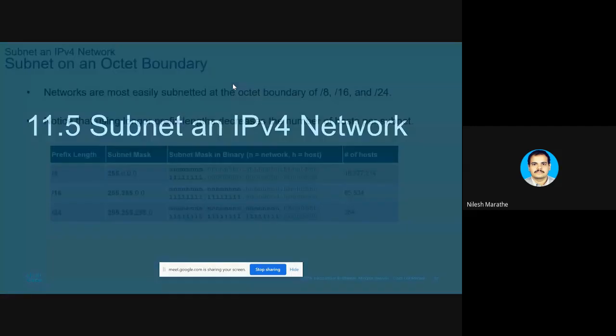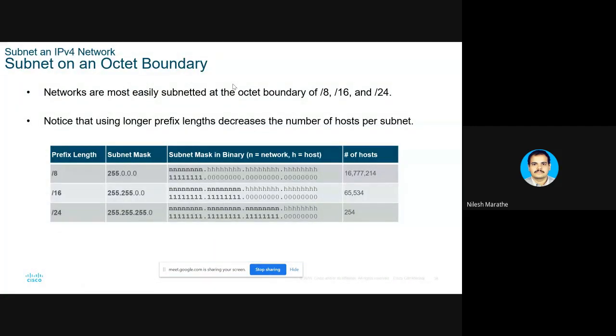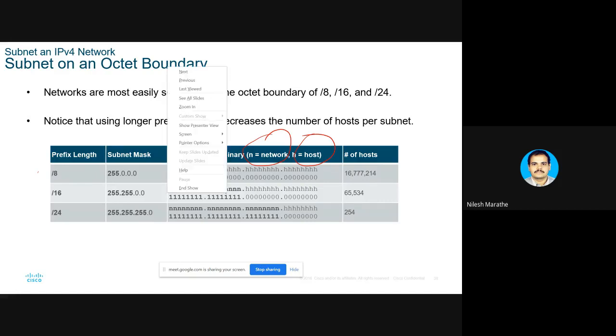Subnets and IPv4 address. So there is a simple way of doing it. Any doubt? No, sir. So the prefix length is going to decide what? The network portion and the host portion. So prefix length 8 means 8 bits of the subnet mask belong to the network. 16 means 16 bits of the subnet mask belong to the network. 24 means 24 bits belong to the network.